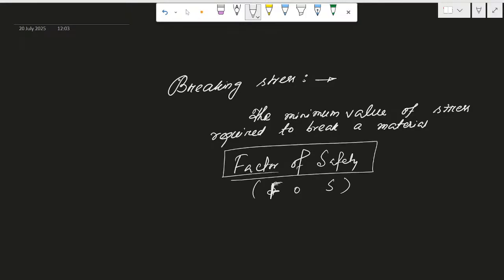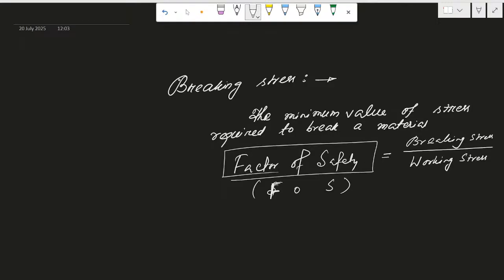It is a very important concept in mechanical design. Why is it so important? Because factor of safety is the ratio of breaking stress, by now you know what breaking stress is, divided by working stress.